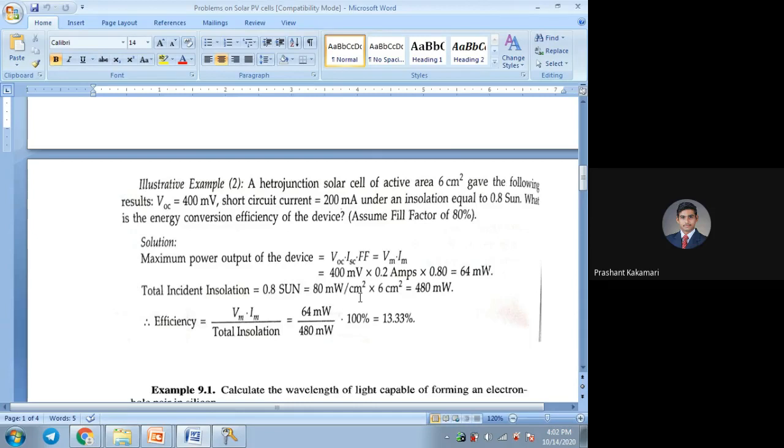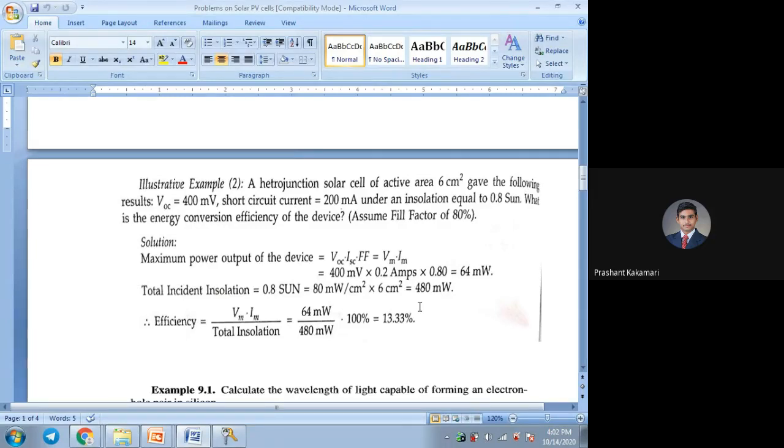So like that, if you convert 1000 watt per meter square with this factor, it will be around 80 milliwatt per centimeter square for 0.8 sun, or 0.8 times the sun. Then if you multiply for the given area, 6 centimeter square, I will get the total radiation falling on that 6 centimeter square area, that is 480 milliwatt.